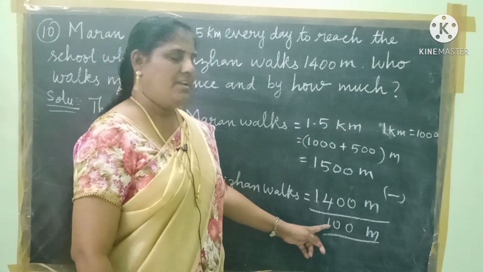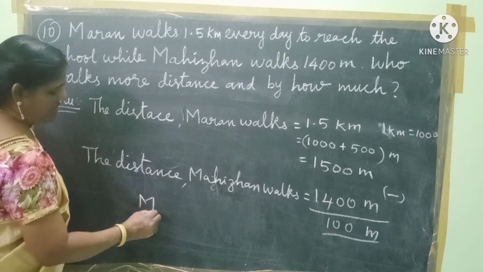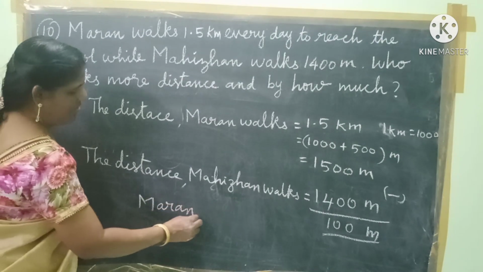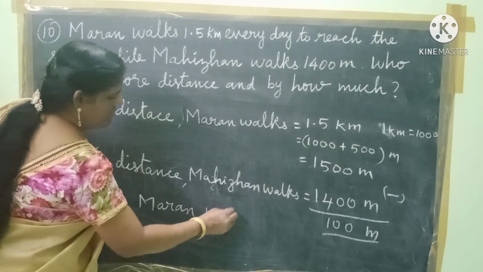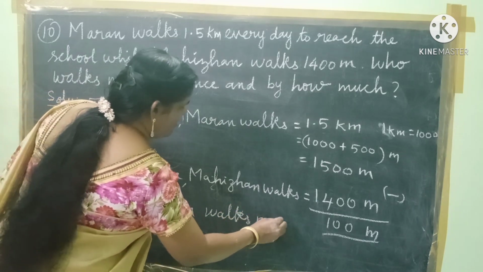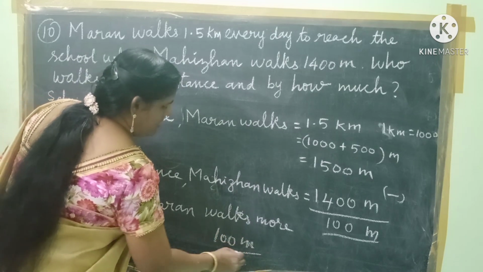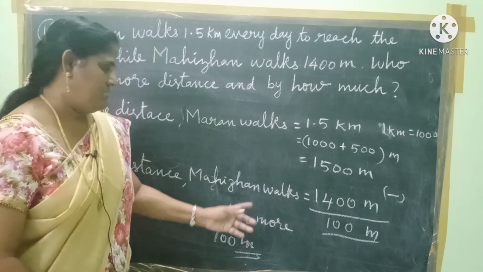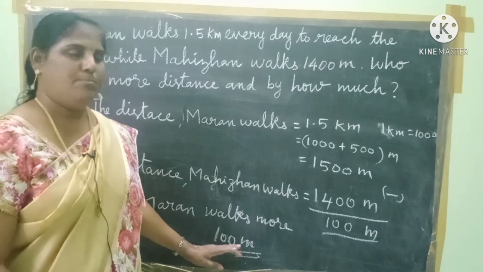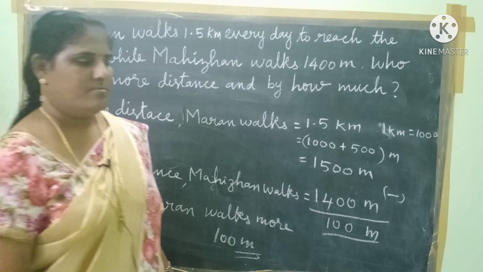How much? 100 meter. So the answer is Maran walks more. He walked more than 100 meter compared to Mahiran. That's the answer. See the next one.